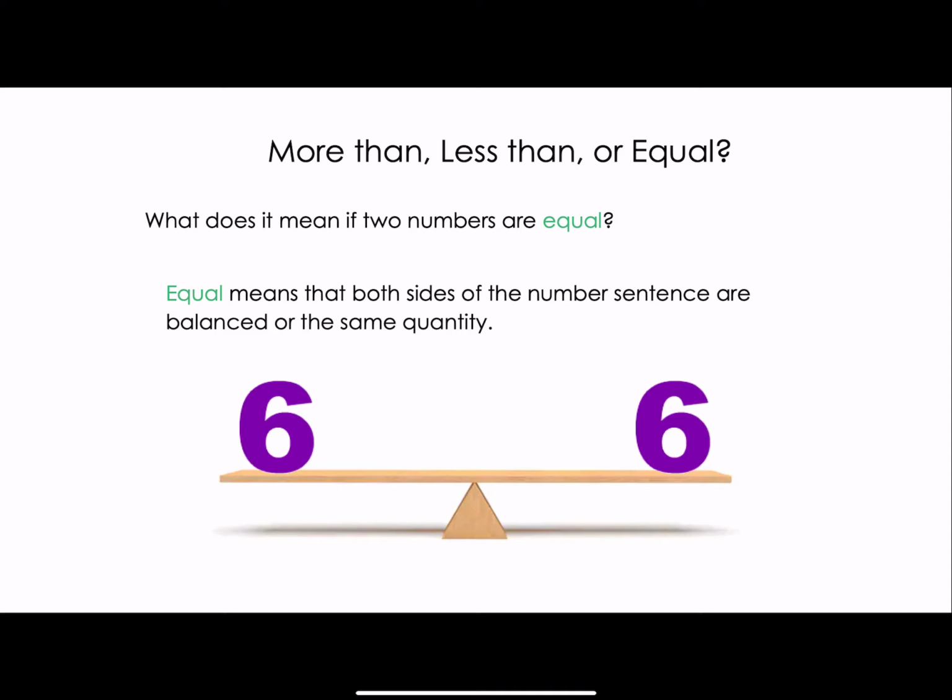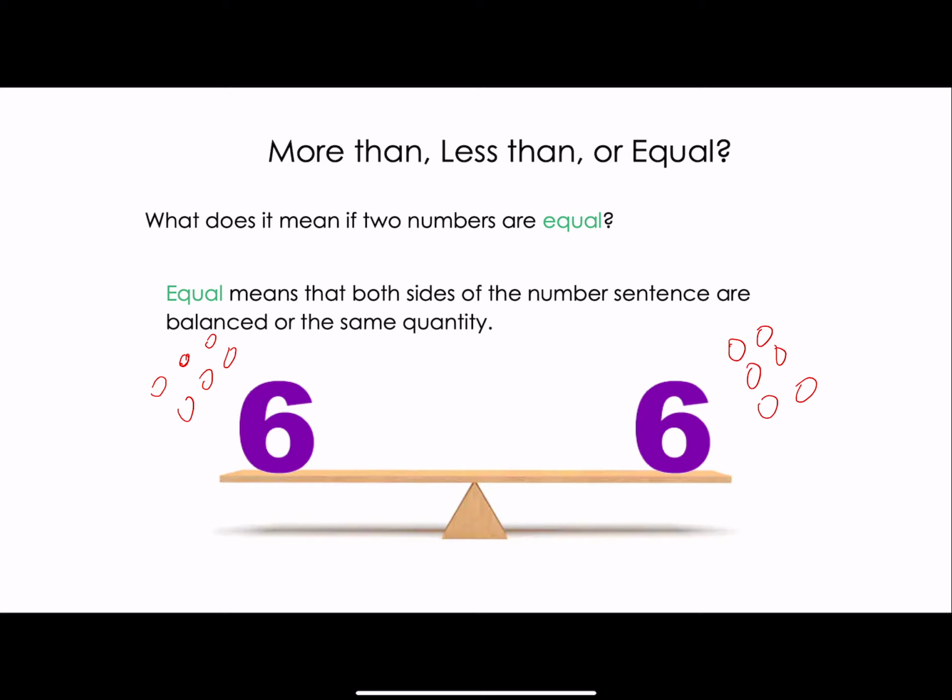More, less, or equal. What does it mean if two numbers are equal? Well, equal means that both sides of the number sentence are balanced or have the same quantity. So if I'm equal, that means I have 6 dots on this side and 6 dots on this side.